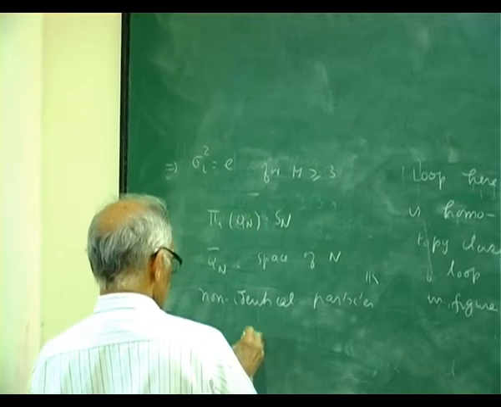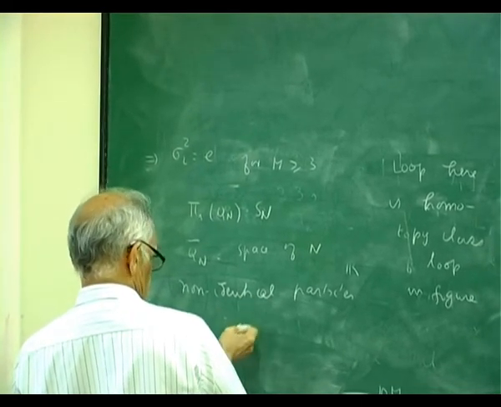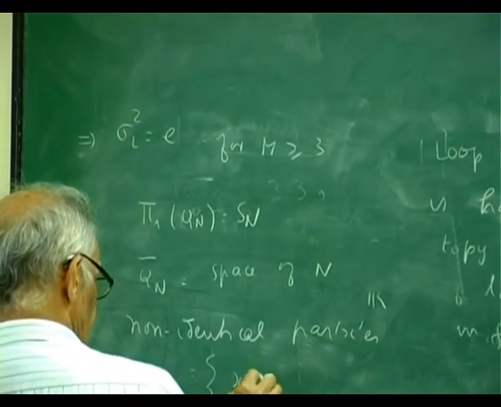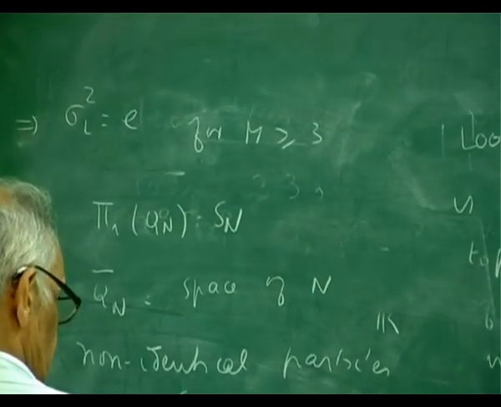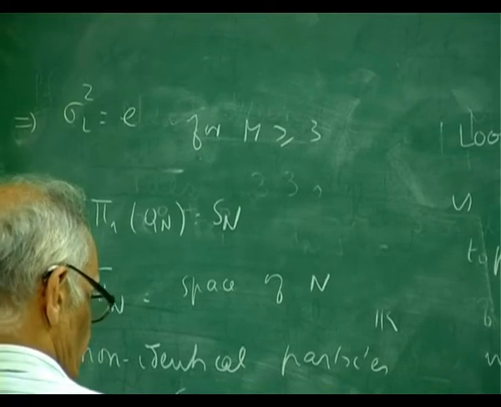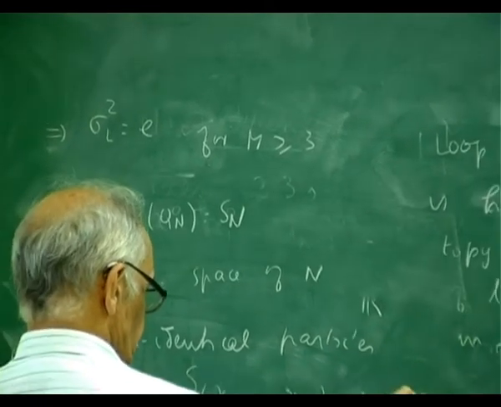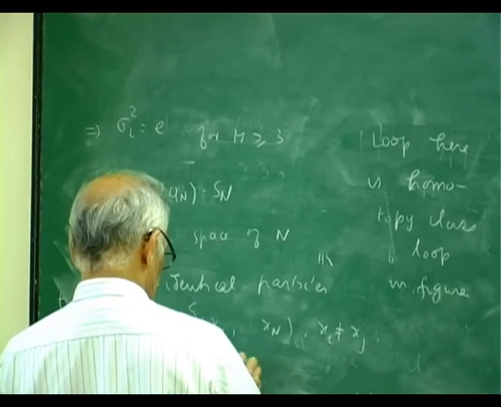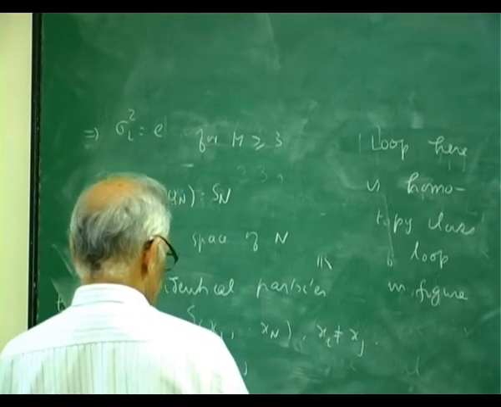So it will consist of x1 up to xn, with x_i not equal to x_j for i not equal to j, and it is an ordered set.